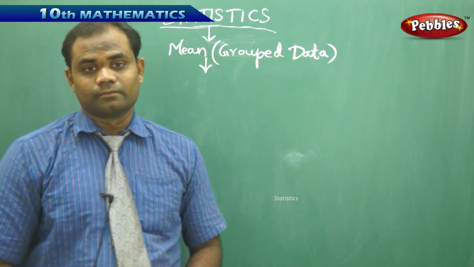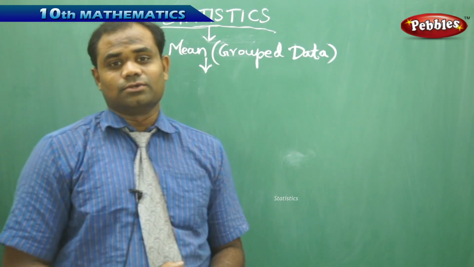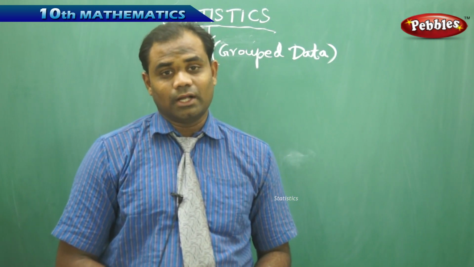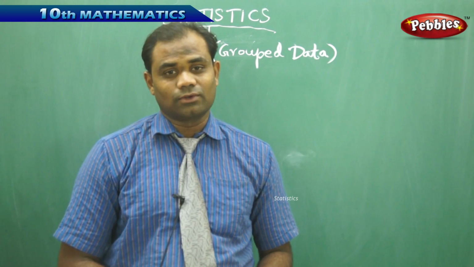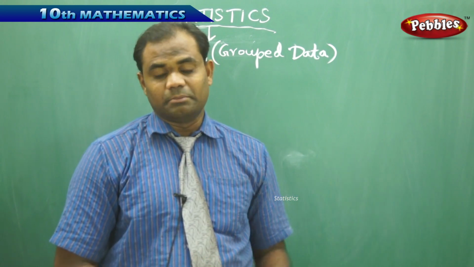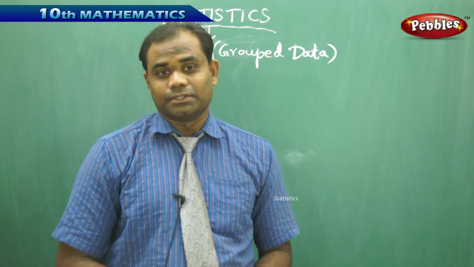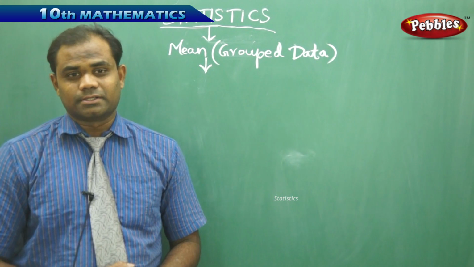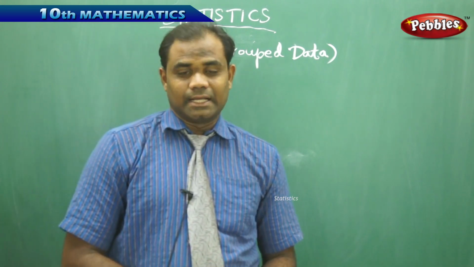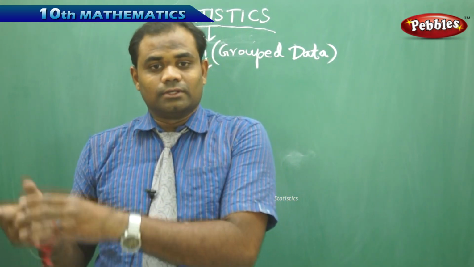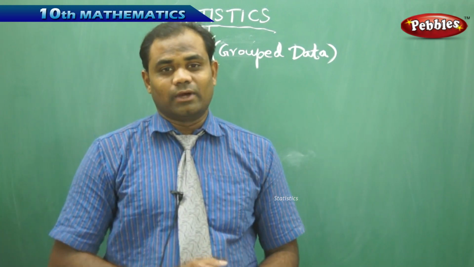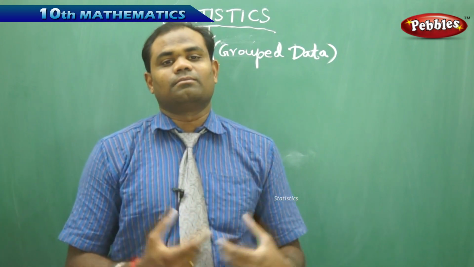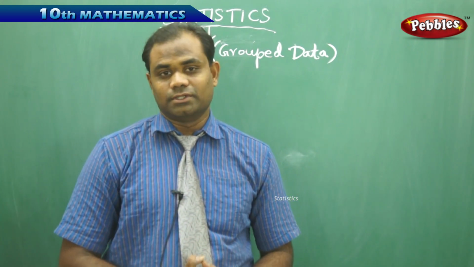So usually grouped data is used when the data is very large, because if I have say 200 students in the class for which I want to calculate the individual marks, it may not be an easy task for the teacher. Therefore, for 200 students with their individual marks in mathematics, we try to group them as 1 to 20, 20 to 40, 40 to 60, etc. till 180 to 200, so that the group reduces the number of marks we're taking for each and every individual student.